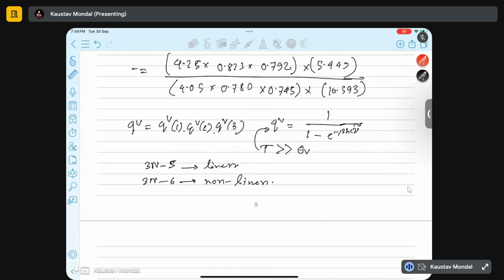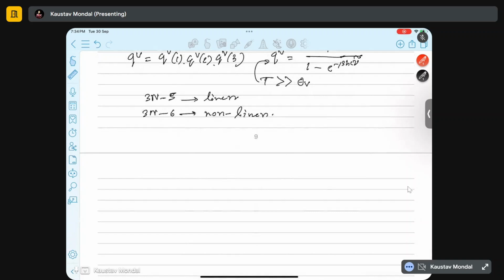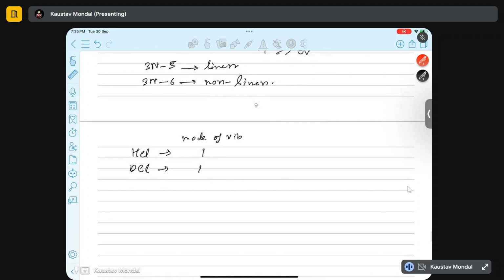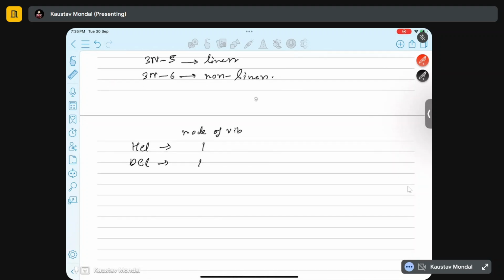So for the linear case, like HCl and DCl, the number of modes of vibration is 3n minus 5, so 3 into 2 is 6, minus 5 equals 1.